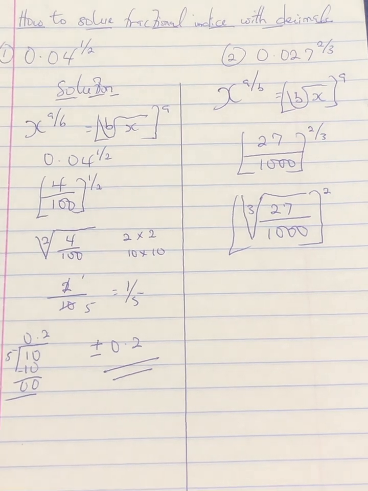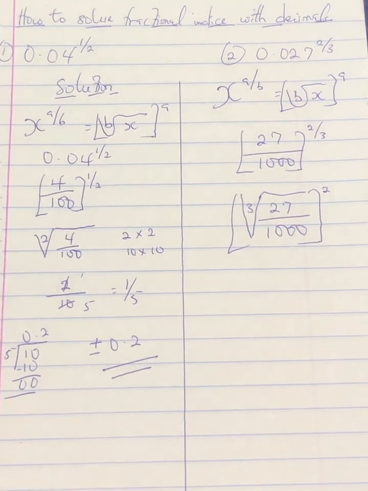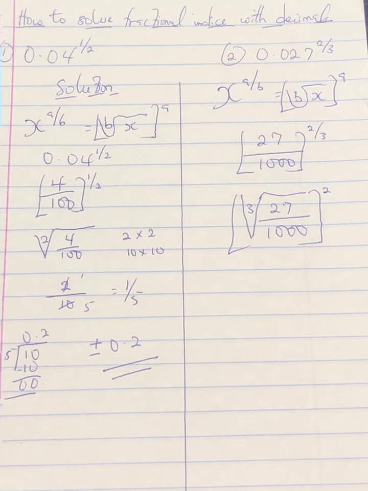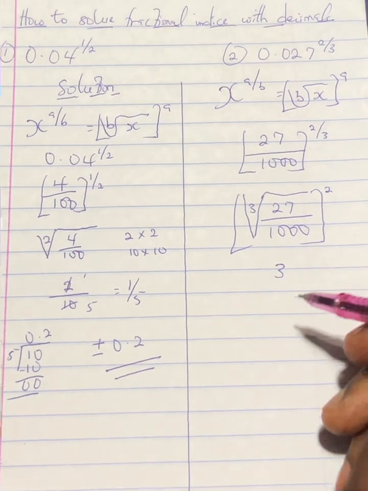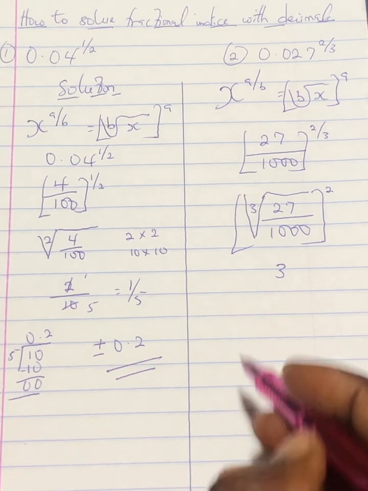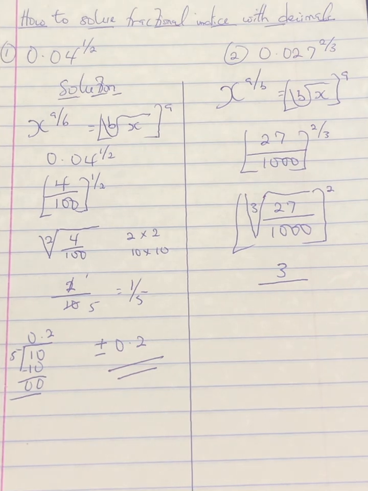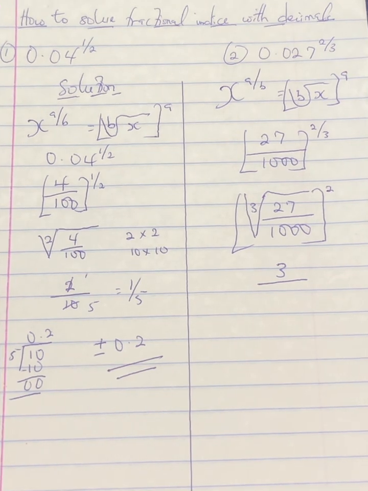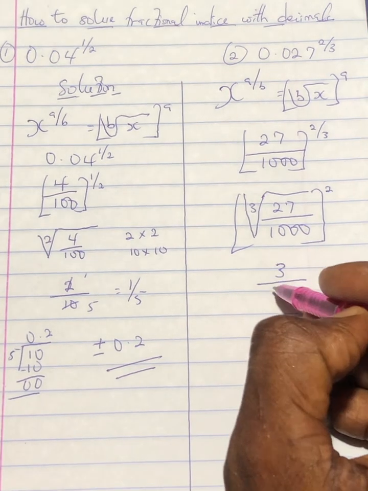Now this is asking how many times 3 goes into 27. It's just 3 times, because 3 times 3 is 9, 9 times 3 is 27. So how many times will 3 go into 1000? It is 10, because 10 into 3 places is 1000. So it is 10.